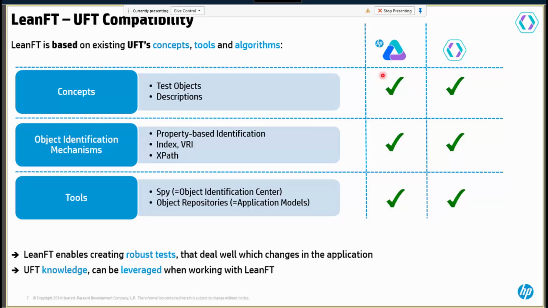So conceptually, inside of UFT, if you're familiar, you have an object repository that stores all of the objects that you interact with, and then in code you can interact with them from a property and method perspective. Well, same thing with LeanFT. You can create objects, and you have descriptions and methods that you can interact with, so that when you click, quote-unquote, the play button, it records back, and the script knows what object on screen you're interacting with. And similar, if we move down to how we identify objects.